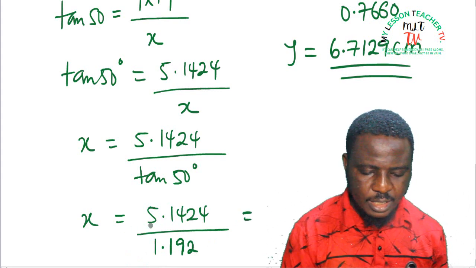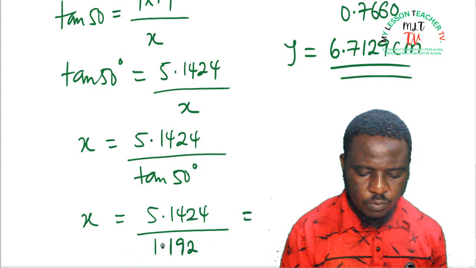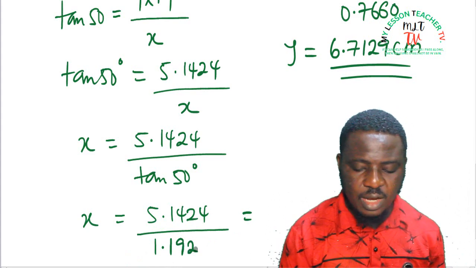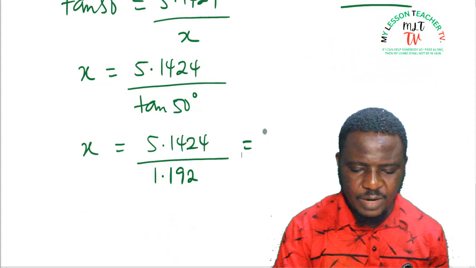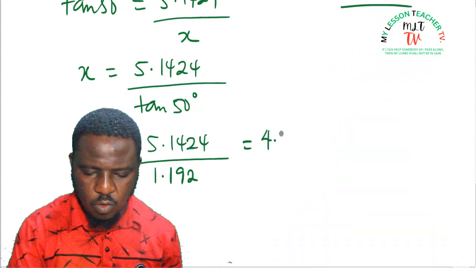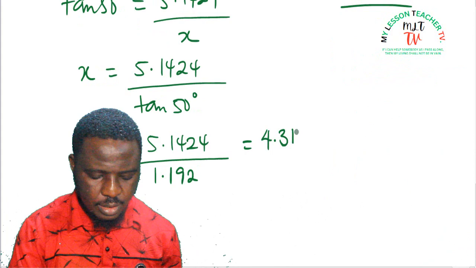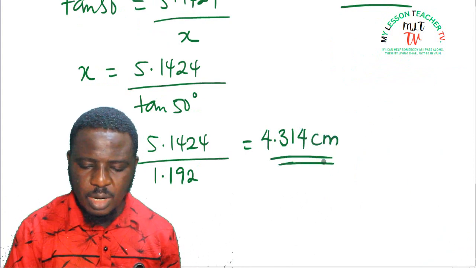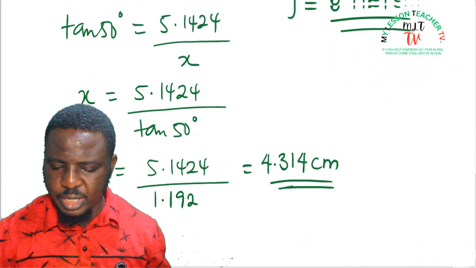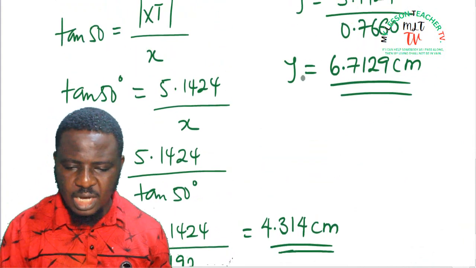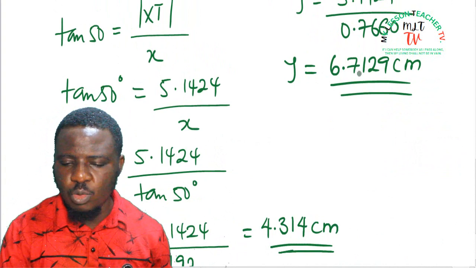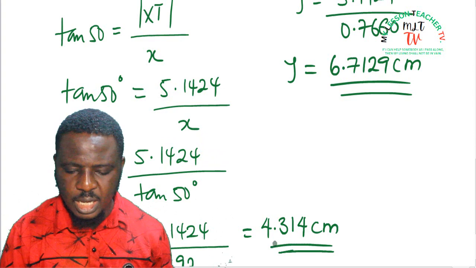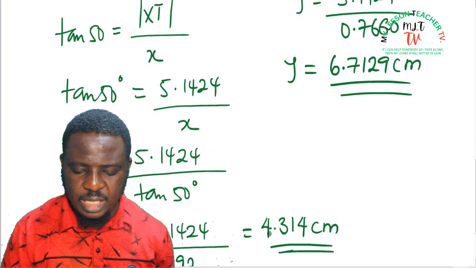When you divide 5.1424 by 1.192, it gives us the value of x, which is 4.314 centimeters. So approximately, this is what you will get as your answer. So we have gotten our value for y to be 6.7129 to 4 decimal places, and to 3 decimal places, our value for x is 4.314 centimeters.